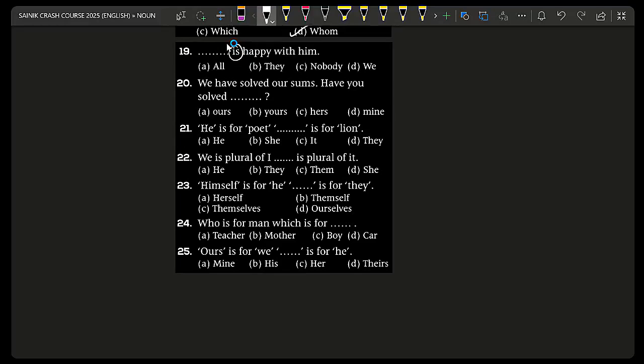But all is not singular, right? They are plural. All is plural, we can remove this. They is plural. We also plural. Only thing remaining, nobody is correct, right?